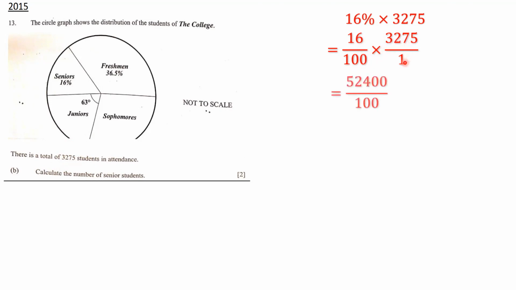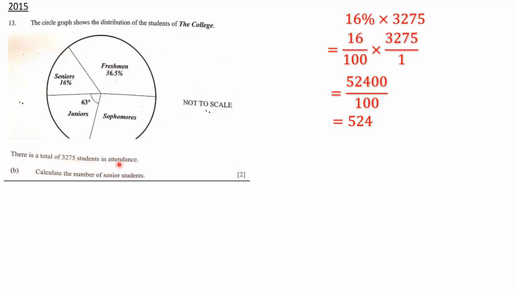Let's multiply 16 times 3,275. That's going to be 52,400. We do 100 multiplied by 1, which is 100. And 52,400 divided by 100 is going to be 524. So the answer here is 524, the number of senior students from the total of 3,275 students in attendance.